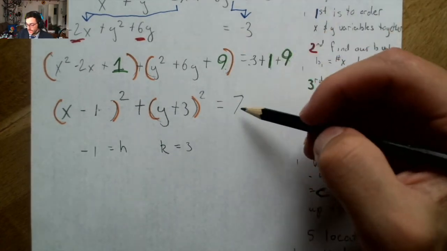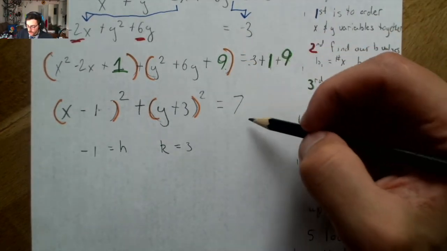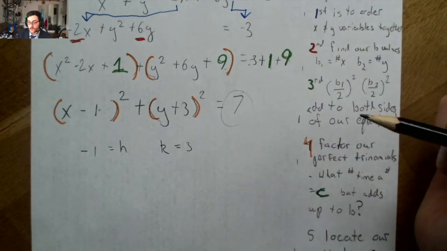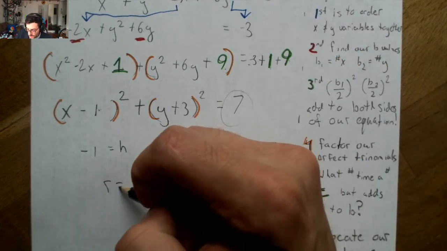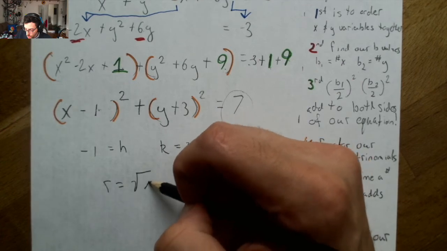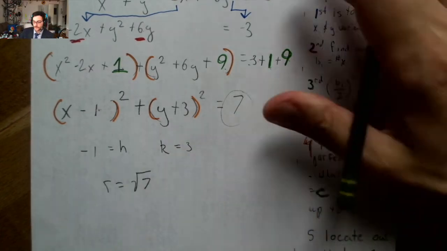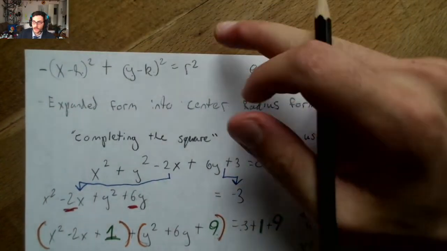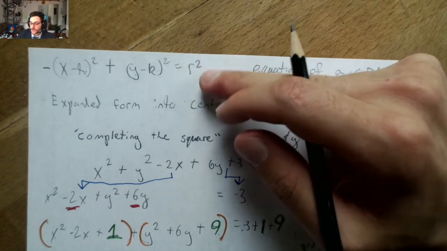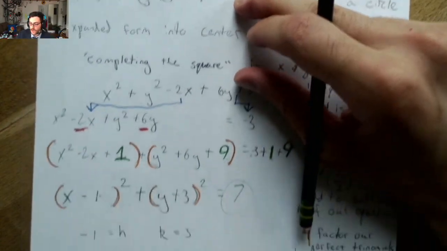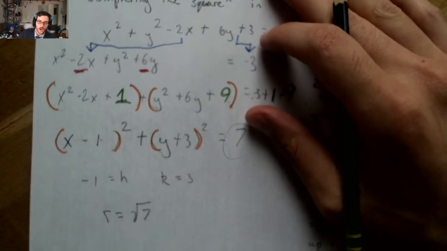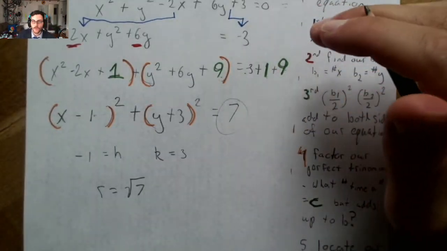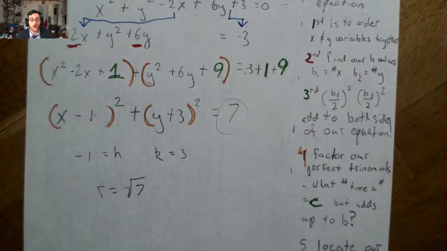The last thing here is going to be our radius. Our radius is going to be equal to the square root of 7. You see in the equation here, it's r squared. If we want to find just plain old r, it's going to be radical 7, where the value of r squared would be 7.